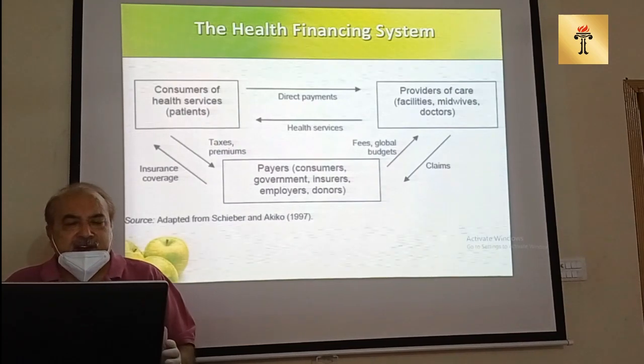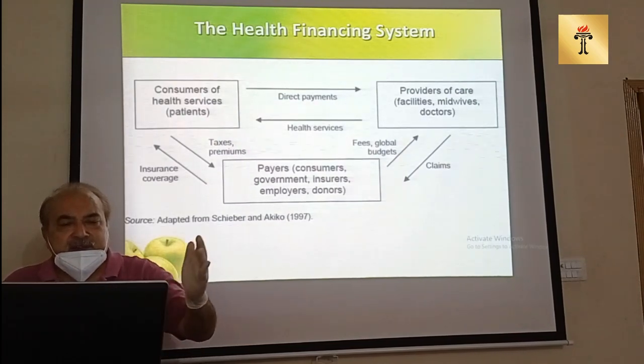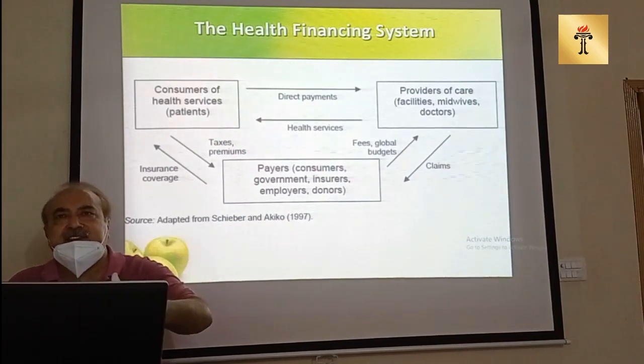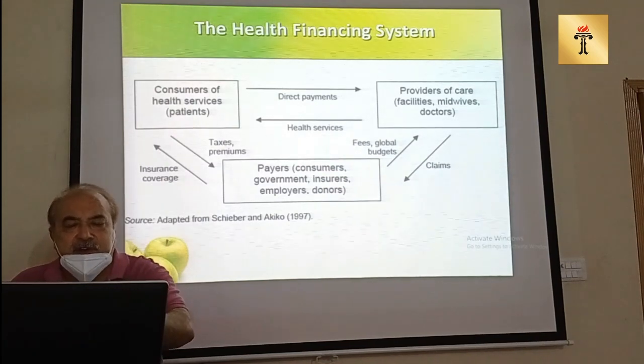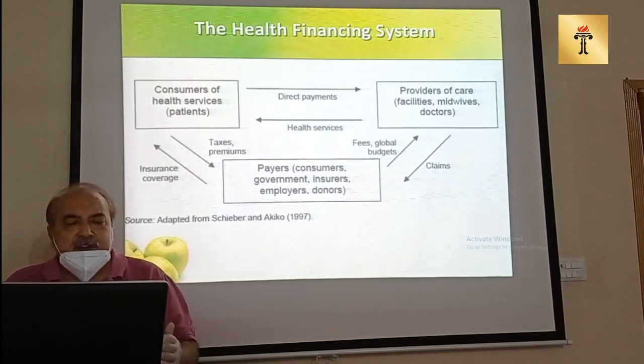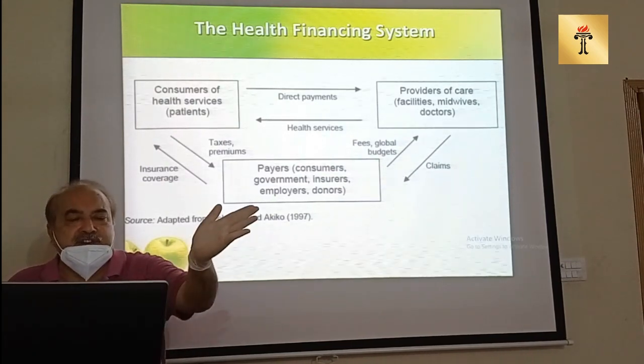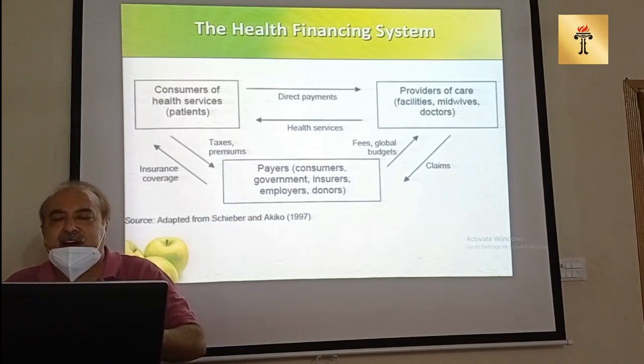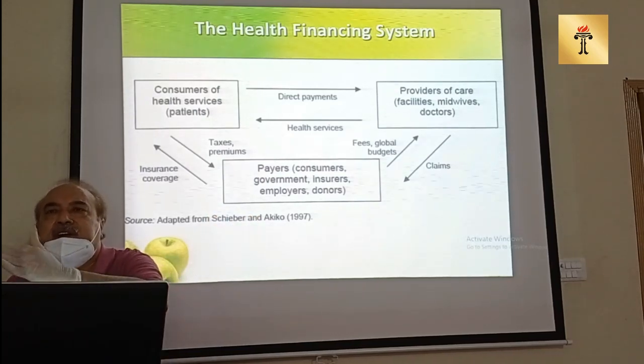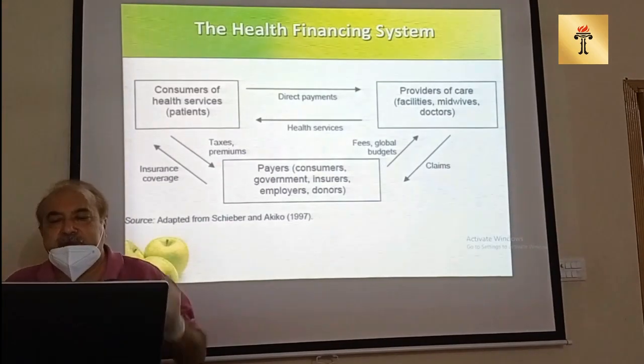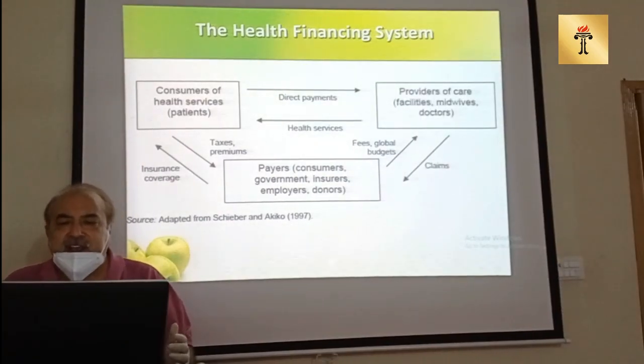In another way, the consumer pays taxes and premiums to the government. The government gives them insurance coverage or directly pays the provider; in the institutions, the government pays the salaries and all that.